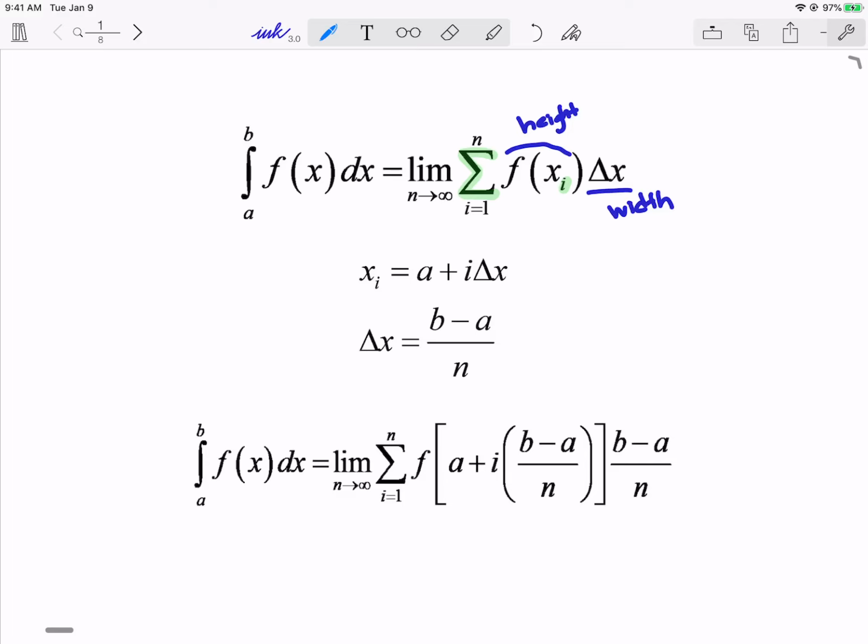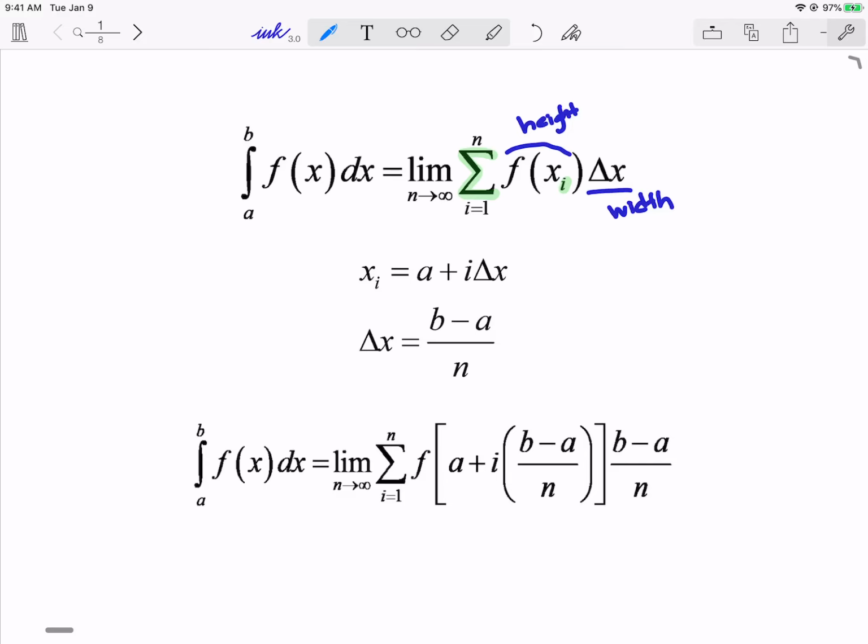Now I plug it in for however many rectangles I have from i equals 1 up to n, n being the number of rectangles. And then ultimately with an integral, I want to make the rectangles infinitesimally small in their width so that I can fill up the entire space with infinitely many rectangles, which will give me the exact value of the area under the curve, which is represented by this integral.